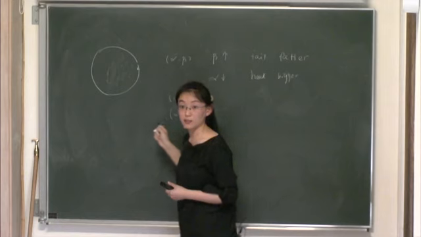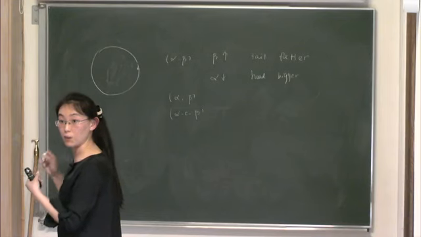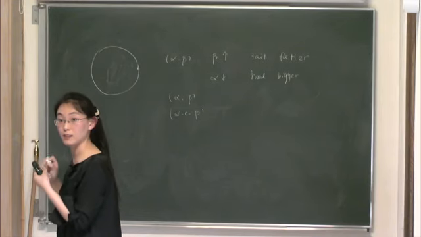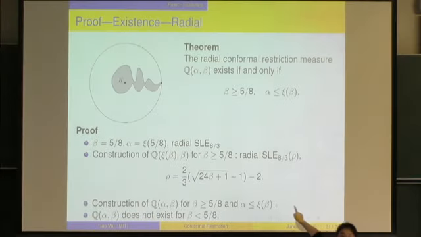So if this alpha is not the largest possible one, then the origin can't be on the boundary. And from the construction of the C beta case, it's clear that the origin is on the boundary. So it should be the largest possible one. Okay, so this is the story about the radial case. Is there any question?